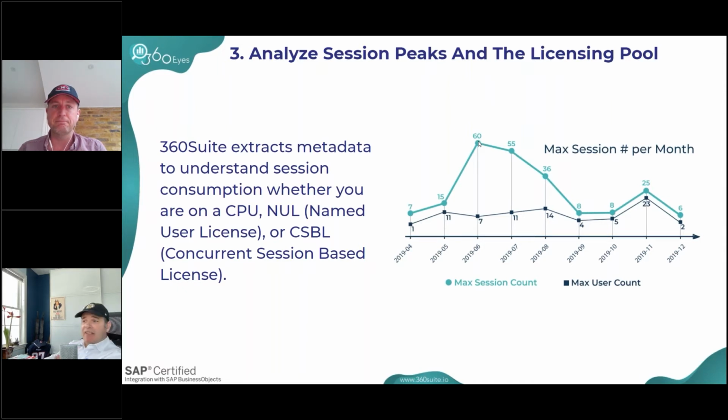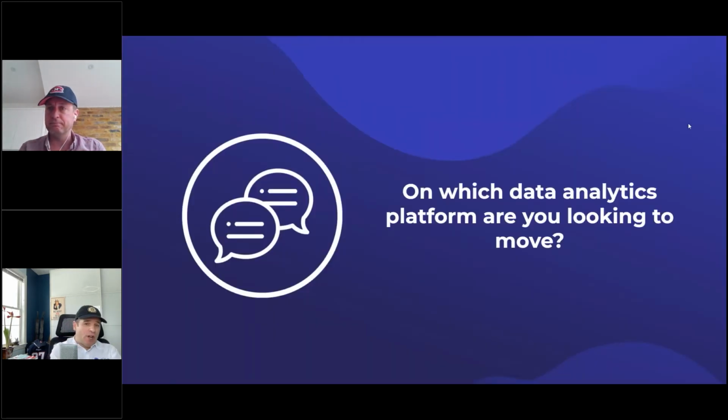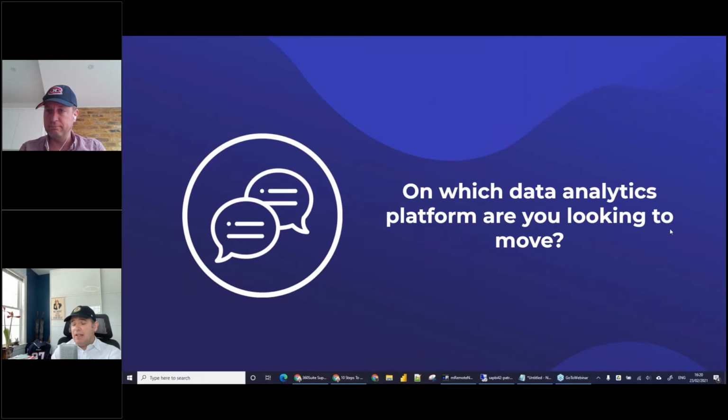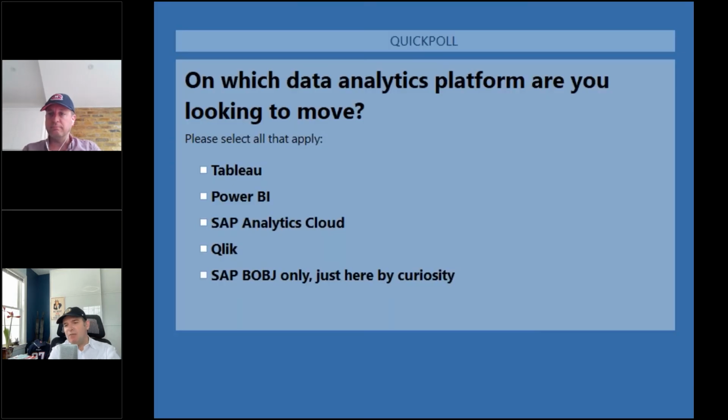Thanks a lot. We've got the next quiz, where we're curious to understand where you're planning to go. If you've got some plans to decommission, whether it's a hybrid model or not, where are you planning to move? Are you planning to move to Tableau, Power BI, SAC, Qlik, or actually you're just joining by curiosity, and that's perfectly fine, of course.